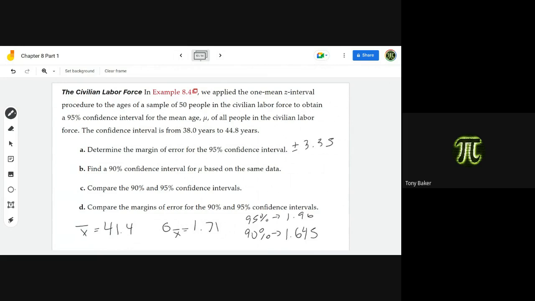All right, so what's the margin of error for the 90%? So we're just going to take that number and multiply it by the 1.71, right? So you should have gotten 2.81. Or right around there.